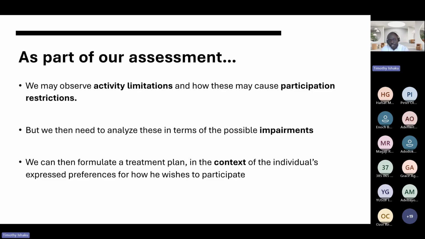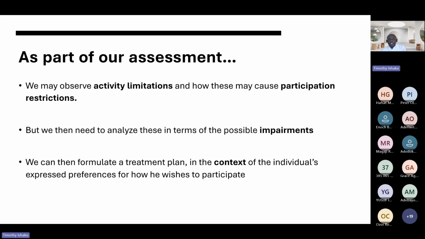Because if we go back to earlier on, somebody mentioned the desires of the patient, the goal setting for the patient. It's about what will motivate them, what will bring them in. So while we focus on that, we need to also analyze the possible impairments, because that has to be addressed as well as linking it to the function.